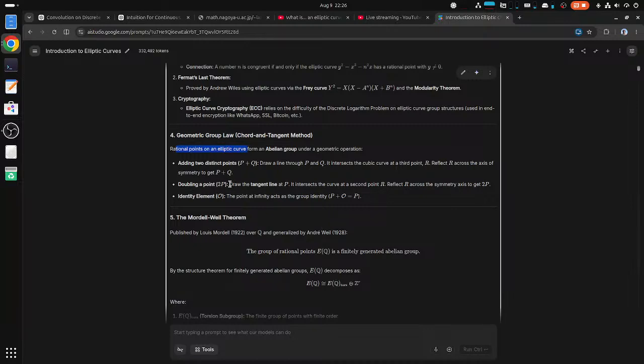So draw the tangent line at P, doubling a point. We draw a tangent line at P. This is the curve, so that will be 90 degrees.